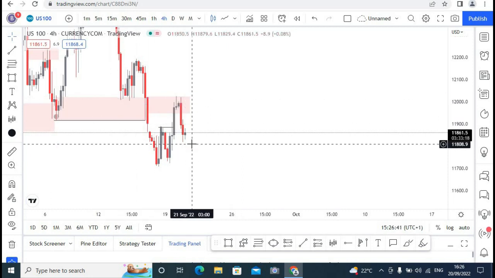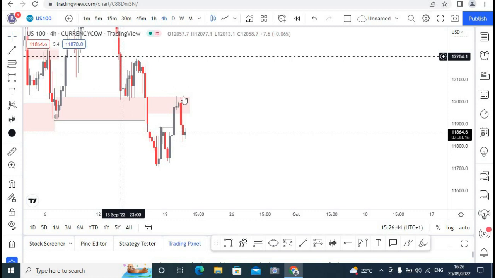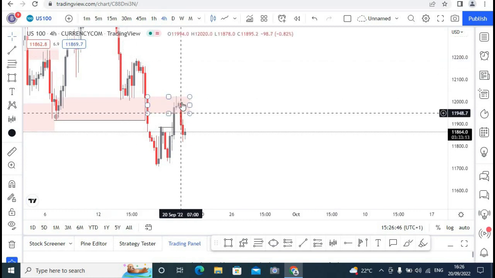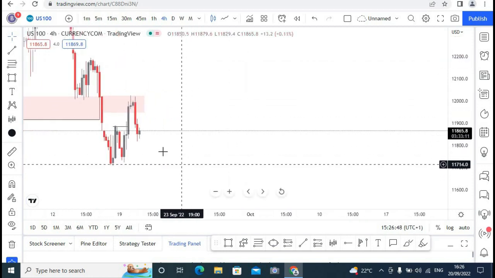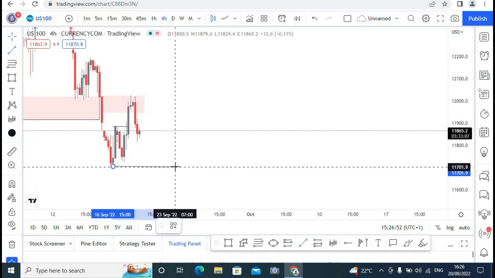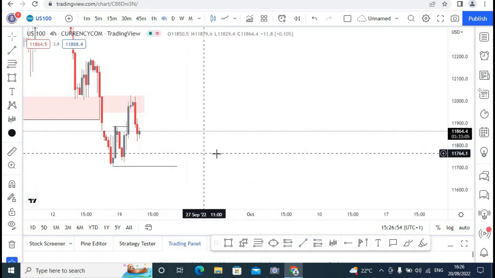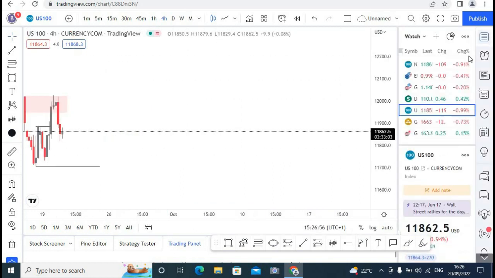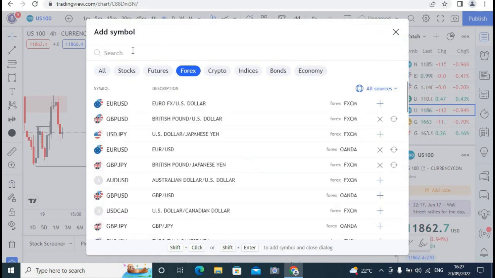So you expect the price to go to the downside. That's why the price did reject, and now the price is going down. So the next thing which you like to see is price taking out this low. Simple as that. Now let us show you the trade which we took, but let me open a new chart.